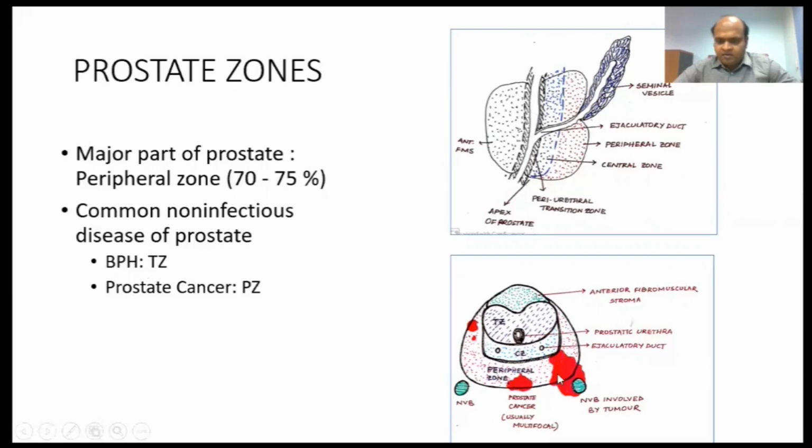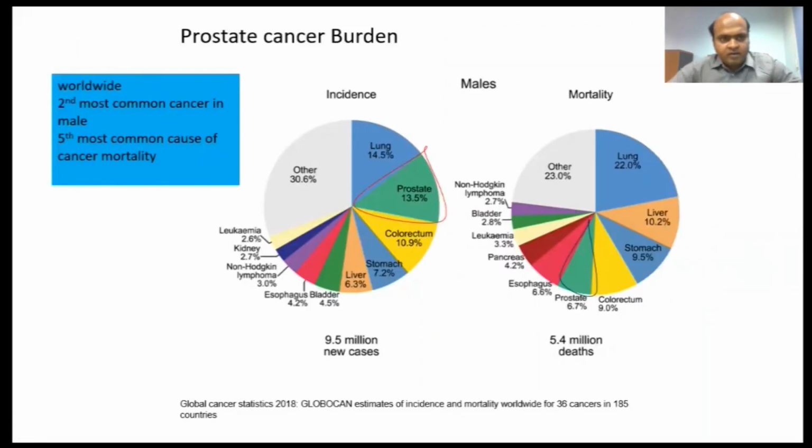Even the cancer can extend beyond the prostatic capsule and may involve the neurovascular bundle which lies on the prostate.